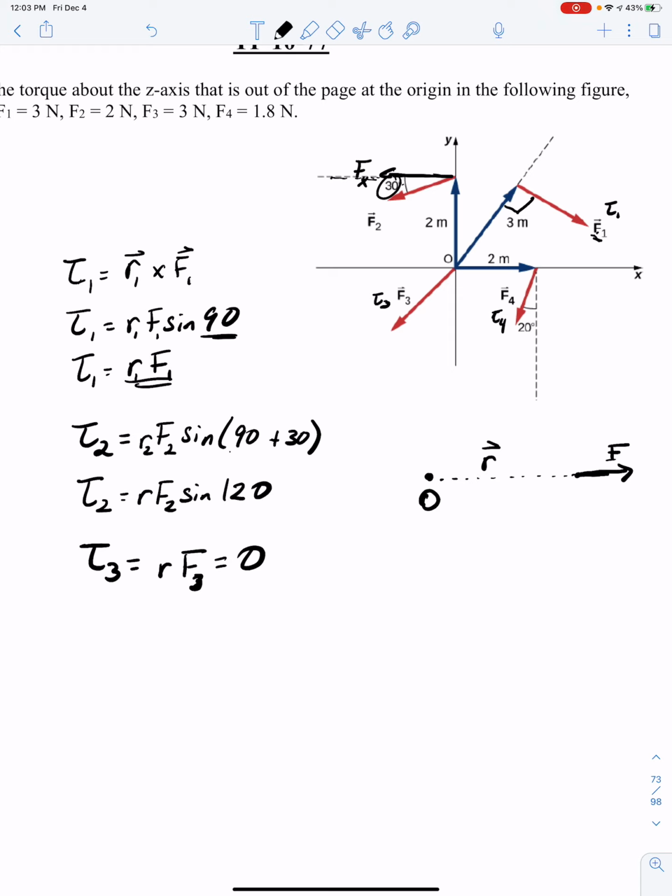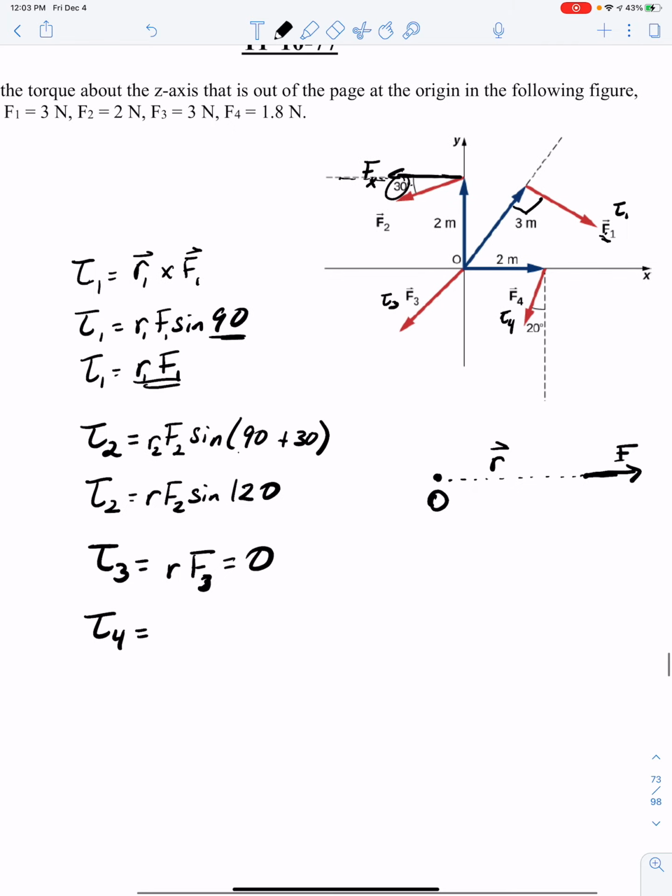Then we go to F4, torque 4. So torque 4 is acting with an angle of 20.